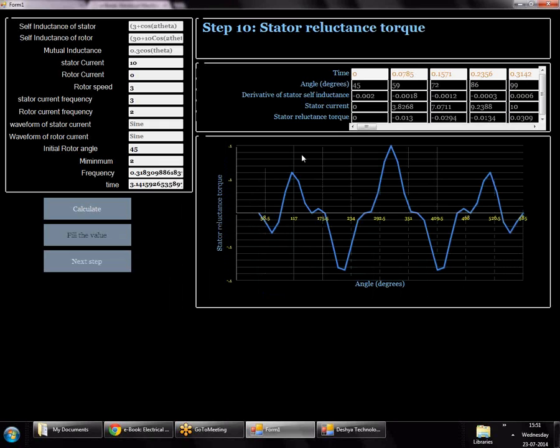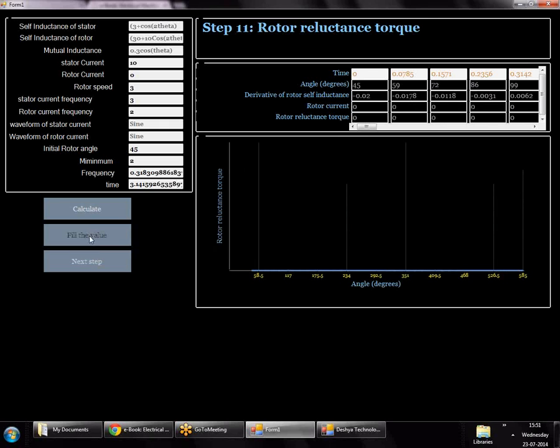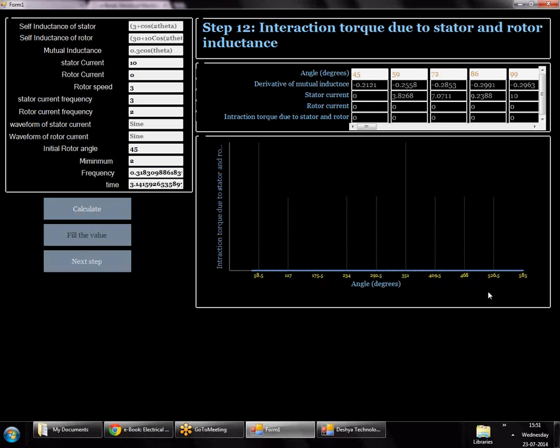If I integrate this over a time period, then I am going to get a non-zero average reluctance torque due to the stator, whereas my rotor reluctance torque is going to be 0 since there is no current there. And the interaction torque is again going to be 0 because there is no rotor current. One can try different variants of this exercise, which is available in our ebook, and see how one can validate and verify the theories that we have discussed so far.